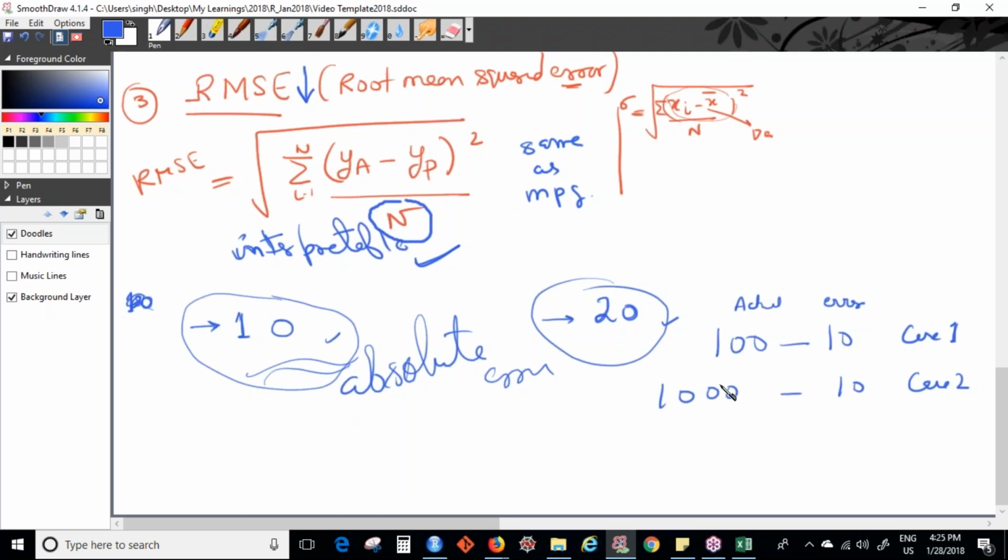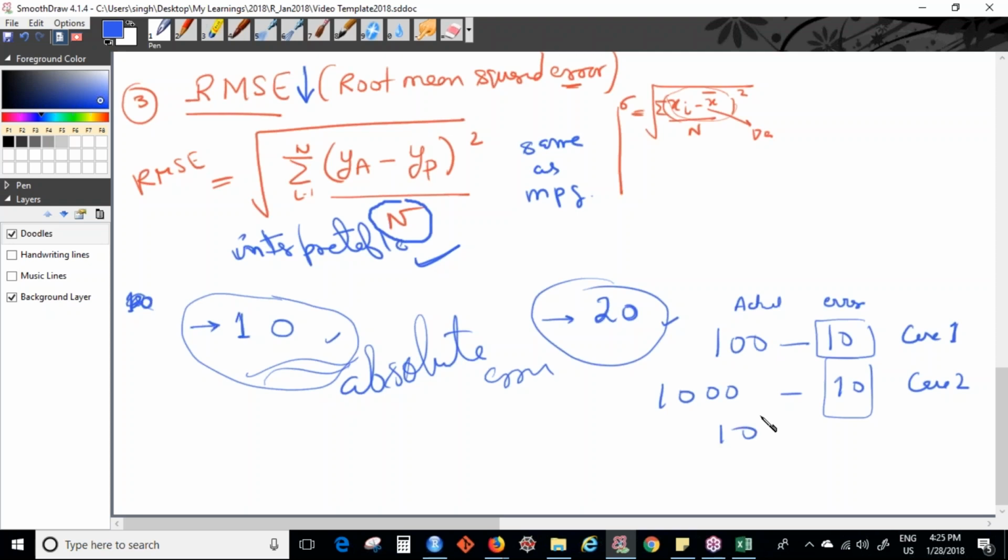Of course case 2 is better, because in case 1, out of 100 you are making an error of 10, but in case 2, out of 1000 you are making an error of 10. But if I just give you the value of error, it becomes very difficult for you to judge because you don't know what the actual value is.